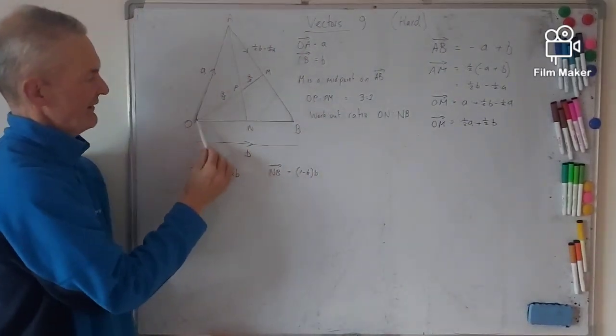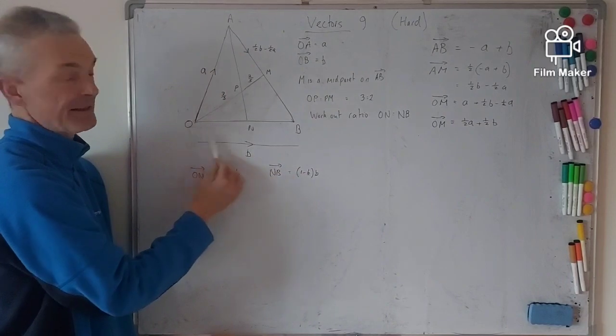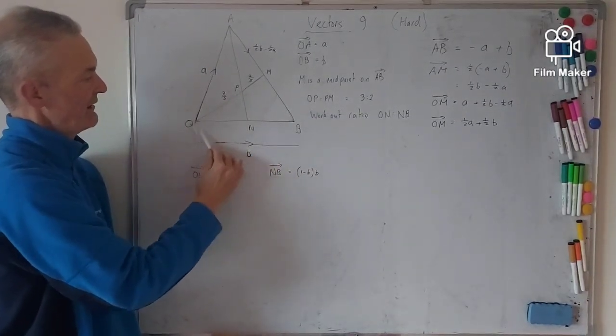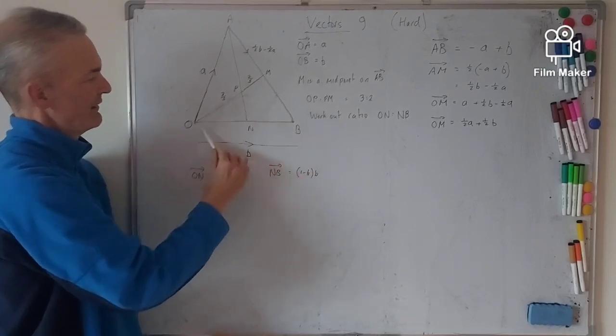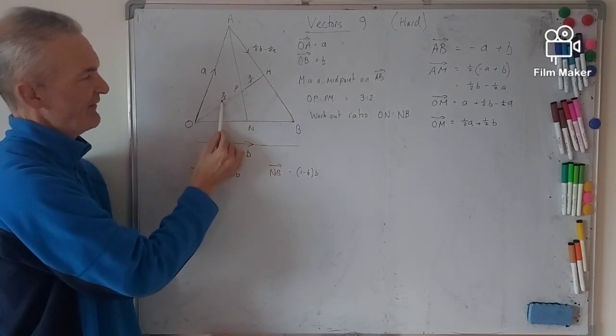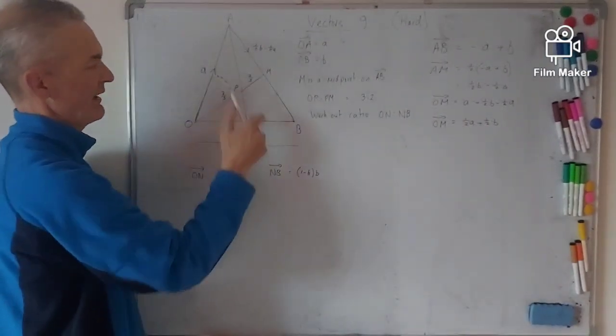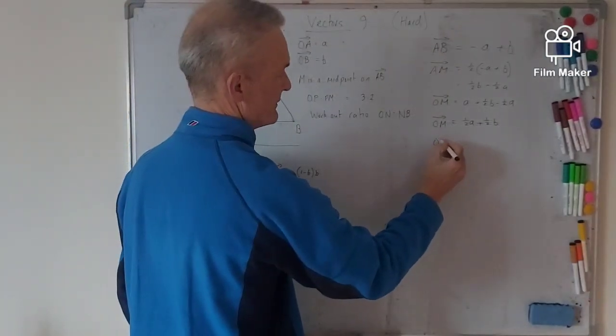Now we're interested in trying to get ON in a different way. So we want to go OP, PN. So this bit here, OP, we know it's 3/5 of this vector. So let's do that. Let's get OP.